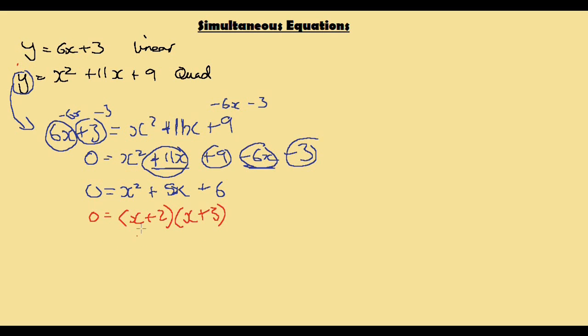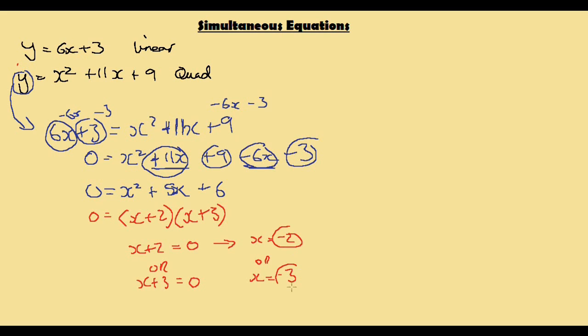Well, we need to say that x plus 2 equals 0, or x plus 3 equals 0. Again, if you're not quite following, you'll need to go back and look at how to solve a quadratic equation. This generally means for this one, x equals minus 2 or x equals minus 3.